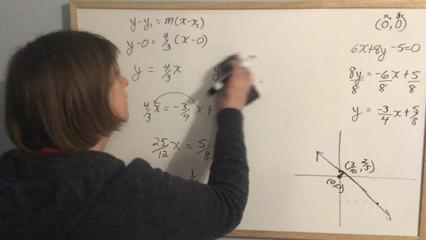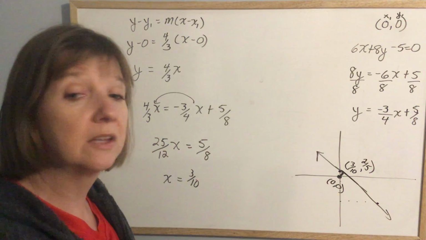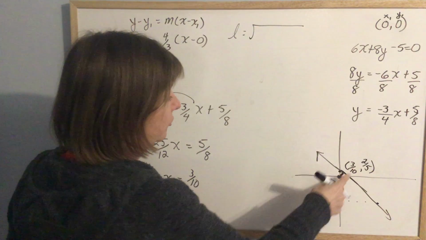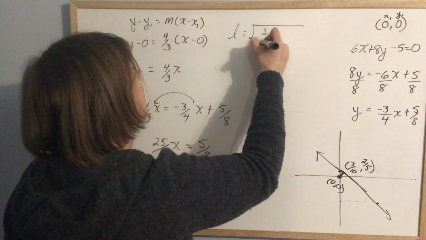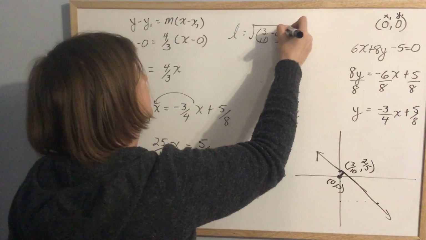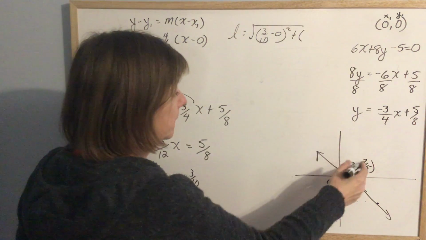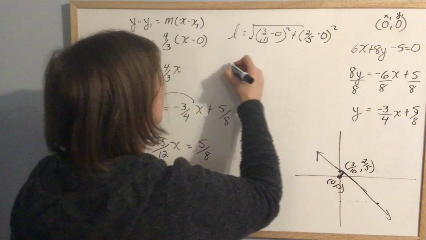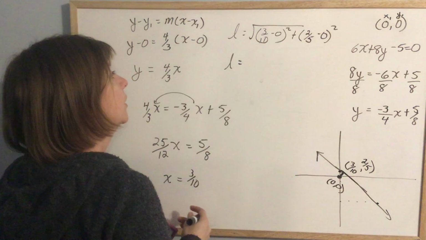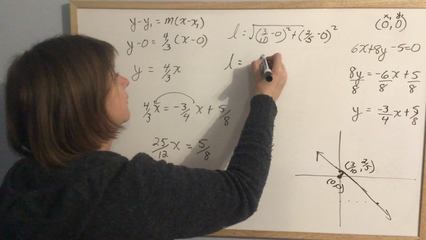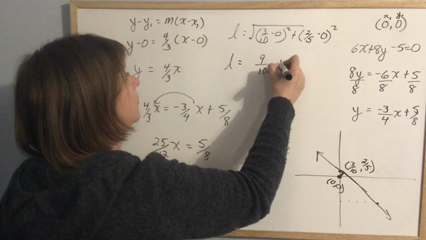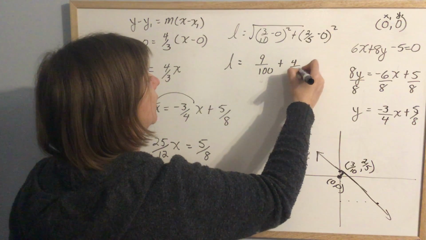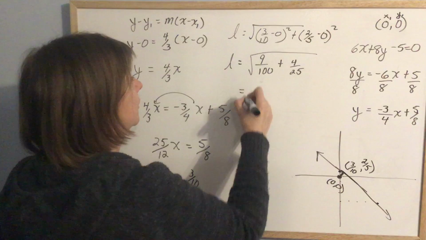So again, my length formula now, because I want to find the length of that line. Length is the square root of x2 minus x1 squared plus y2 minus y1 squared. So 3 over 10 minus 0 squared plus 2 over 5 minus 0 squared. 3 over 10 squared is 9 over 100, plus 2 over 5 squared, which is 4 over 25. We're going to take the square root.